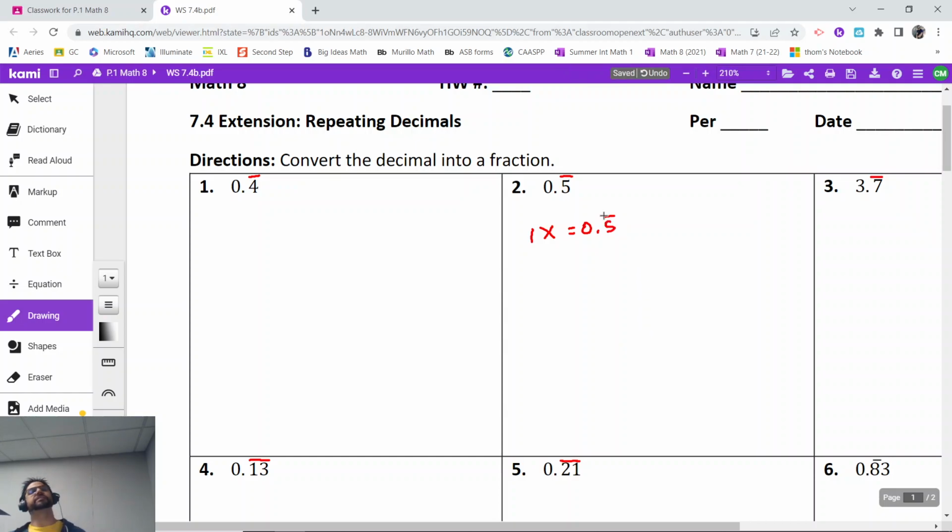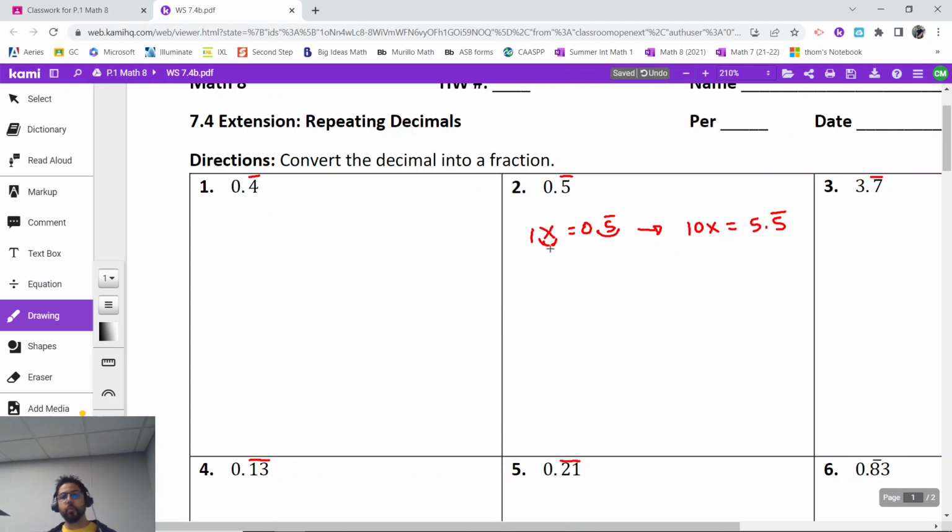And since this is the tens place, we're going to go ahead and move our decimal 1 place on both sides, which is really like we're multiplying by 10. So over here, I'm going to write it as 10x is equal to, and then the repeating part, remember, is now going to be 5.5 repeating.